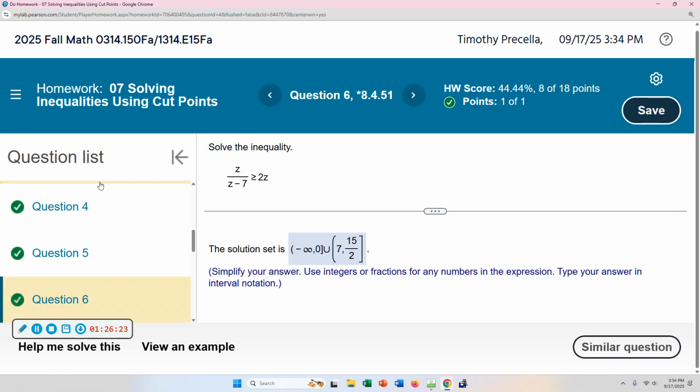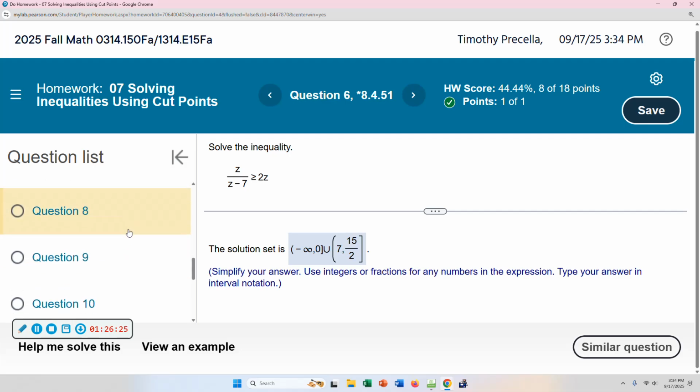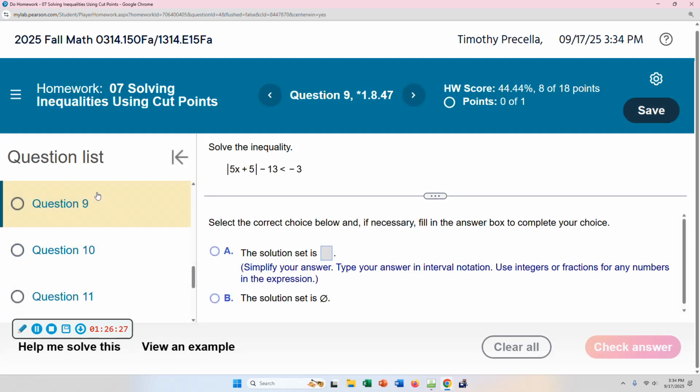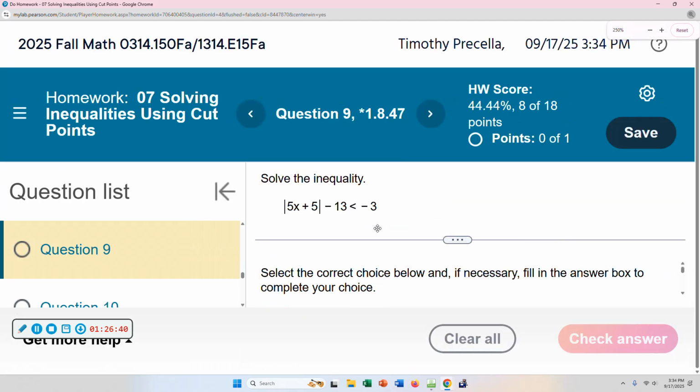Okay, let's get to number 9. Let's do something y'all did the last time. This is not a 15x plus 51. Y'all see what those are? Look at this. That's why we solved those absolute value equations the last time, getting you ready for the absolute value inequalities today. Because the first thing you're going to have to do is get rid of that inequality and write it as an equation.